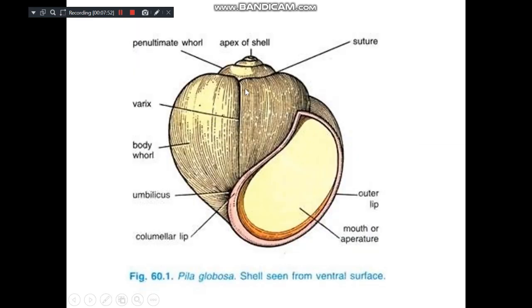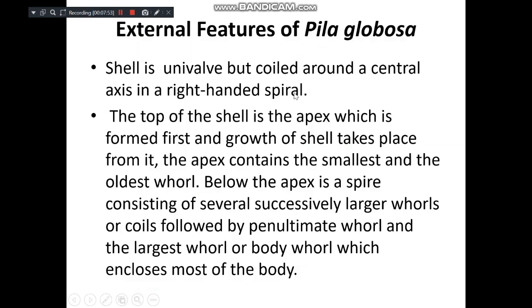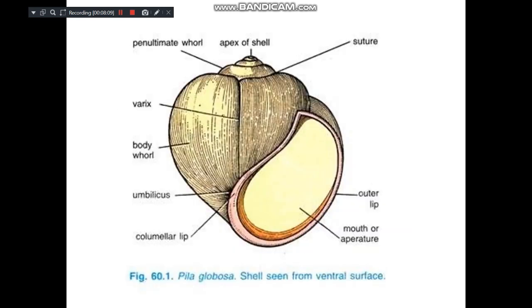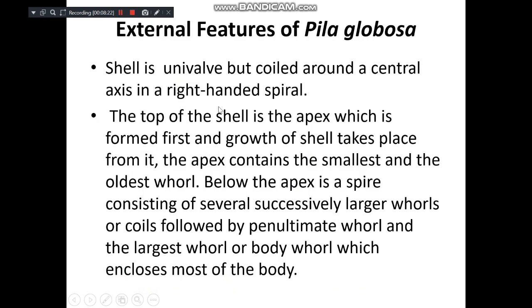The top of the shell is the apex, which is formed first. This apex is the first part that has been formed, and afterwards, slowly by adding more and more bands, it will grow in size.